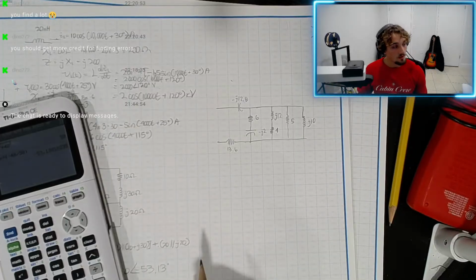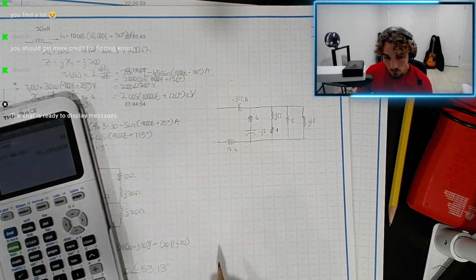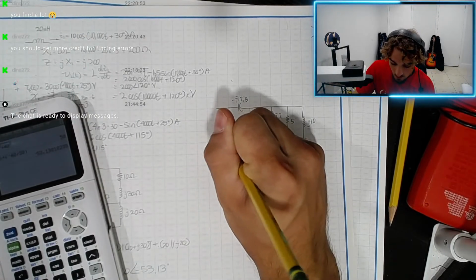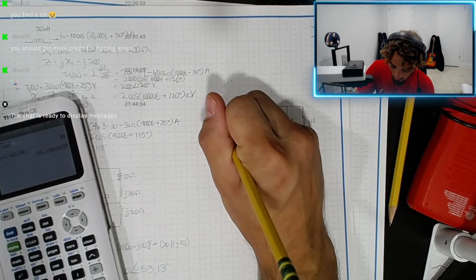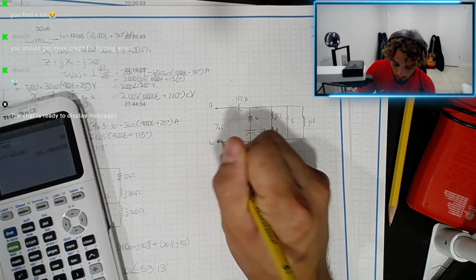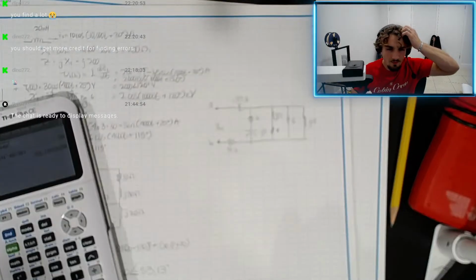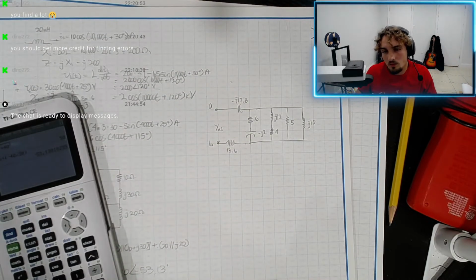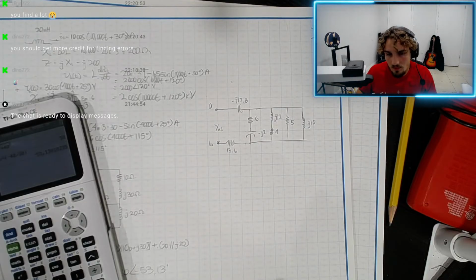Alright, let's solve. Wait, Y_AB. That's what it's called. Oh, the admittance. Okay. Millisiemens.